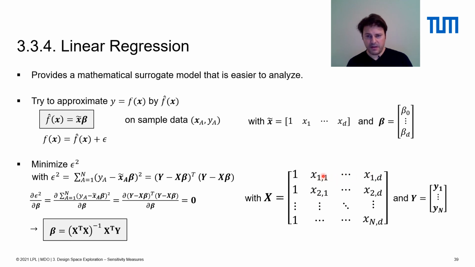This would be sample design number 1, this is sample design number 2, and so on. And here we do have our output values. So Y, I think I just said it's a matrix. I have to correct this. Capital Y is a vector.